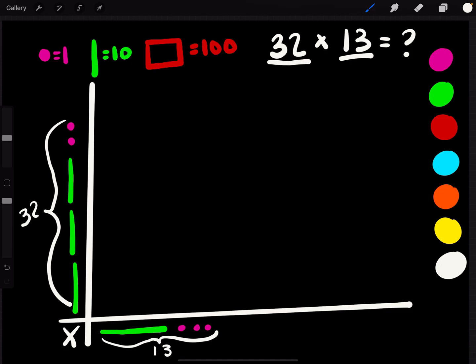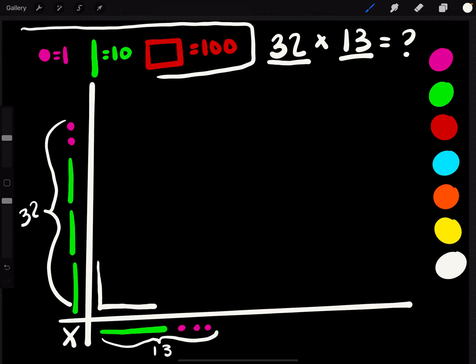So we have the factors 32 times 13, and we now need to find the product. We know that on the left side, we have 10 up, and on the bottom, we have 10 across, because we have to match the tens rods. But we can't just have an L. That would be silly. Look at this key.